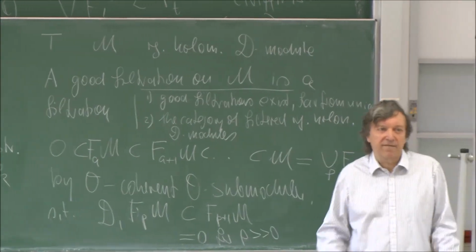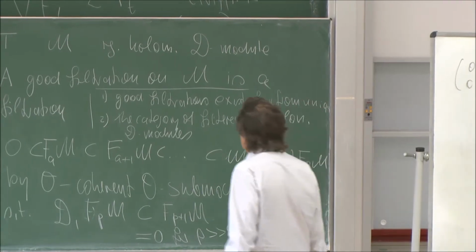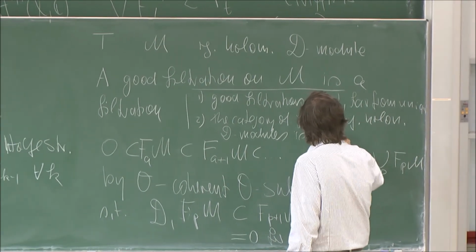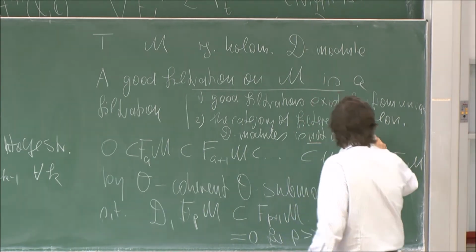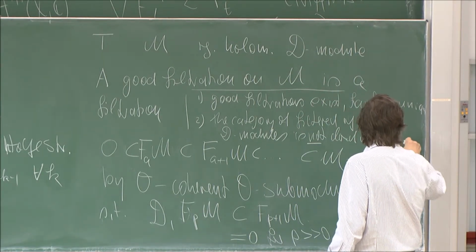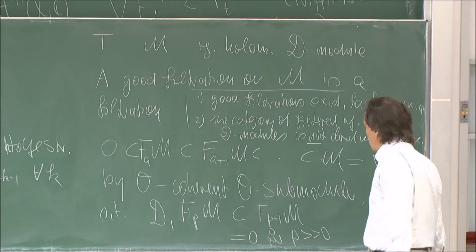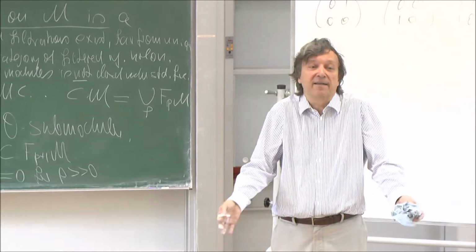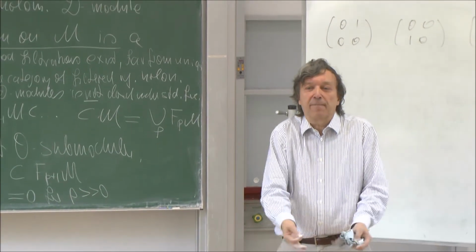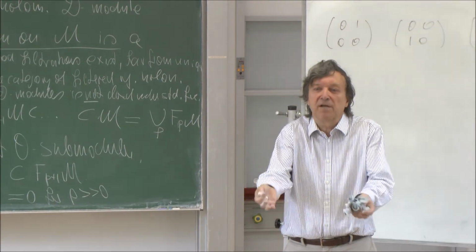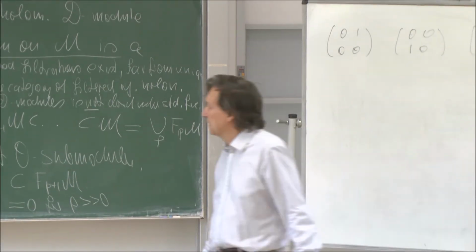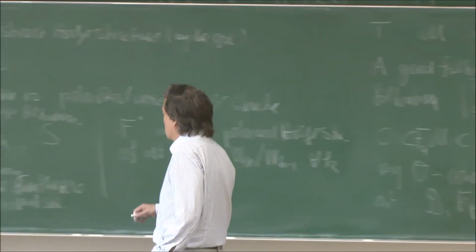You can look at this category, but the problem is that it is not closed under the standard functors. What I wrote before, F lower star, F upper star, you just can't define F lower star and F upper star in generality for general filtered D modules.